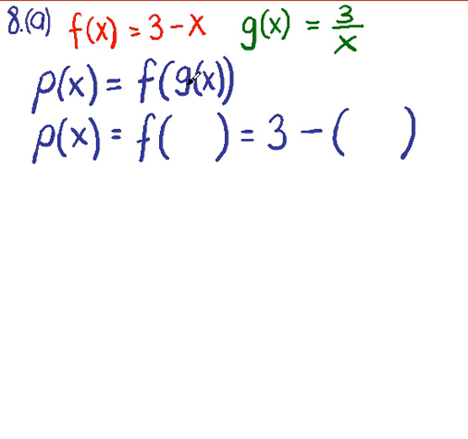So we know that it is in fact g of x which is going in here, and we know that g of x is 3 over x. So f of g of x is the same as f of 3 over x. So in our other empty bracket, we put the same thing, 3 over x.